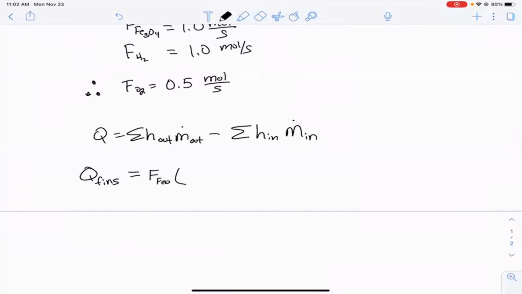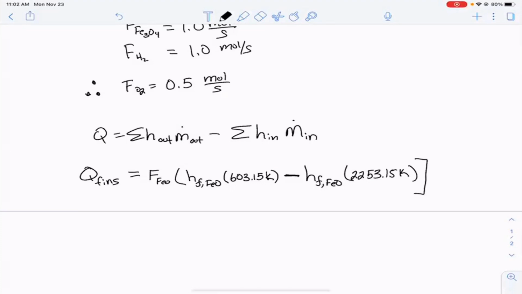And so to figure out the difference in the enthalpy, we need the heat of formation of FeO at the temperature of interest. And remember that we said that the temperature there was 603.15 Kelvin, and that's minus the enthalpy of formation of FeO at the entering temperature, which was 2253.15 Kelvin, or 1980 degrees C. Okay.